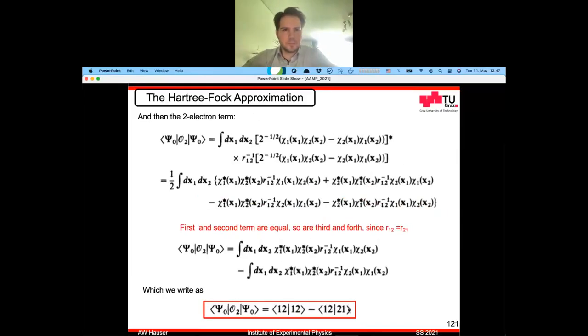And now we come to the 2 electron part. So also to generalize, I'm referring to this type of operator of the Hamiltonian as a 2 electron term. Fortunately, in electronic structure theory, we only have to worry about this 2 electron term. There's only one. It's the Coulomb interaction between 2 electrons.